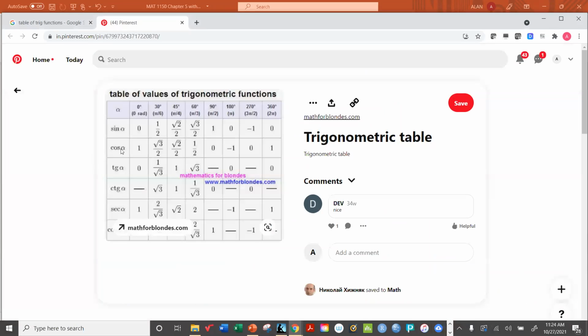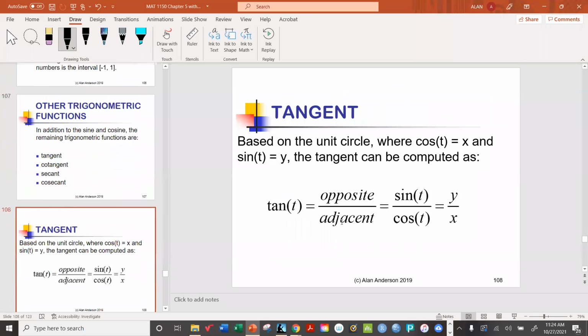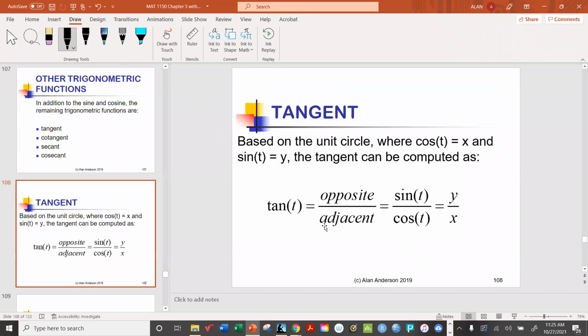All right, and then the others are just functions of these. Now, by the way, here we're just once again revisiting these definitions. These are all based on the rest of them. By the way, this is what you would have to do based on your unit circle. Remember, the cosine is x, the sine is y. The tangent would therefore be y over x.